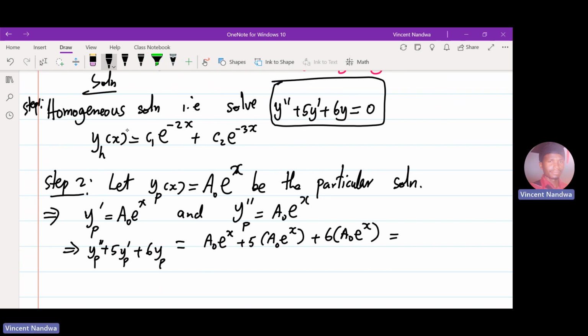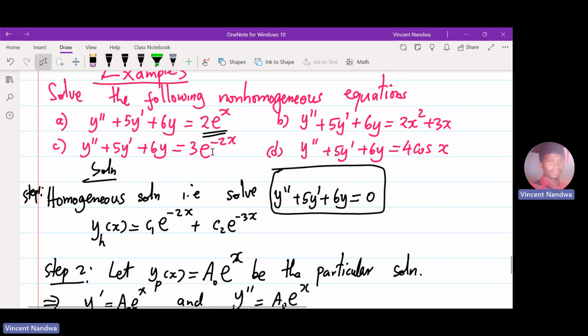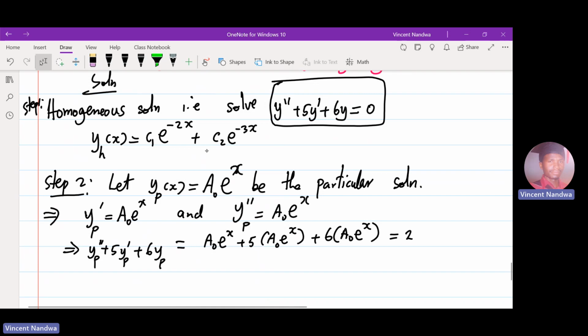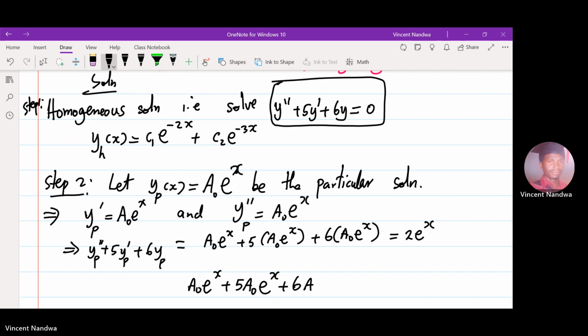Since it satisfies the equation, what we get on the left-hand side must give us the same value as the right-hand side. So a naught e raised power x plus 5 a naught e raised power x plus 6 a naught e raised power x equals 2 e raised power x.